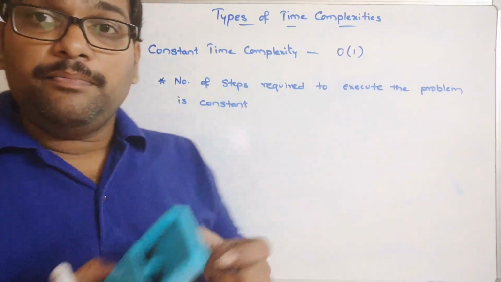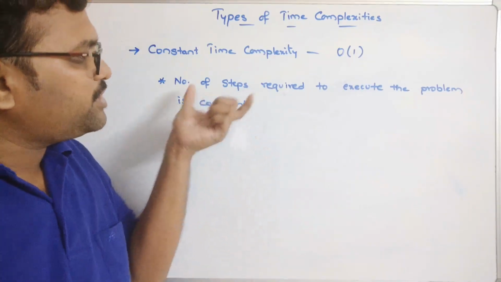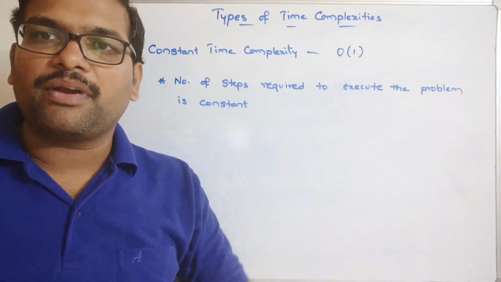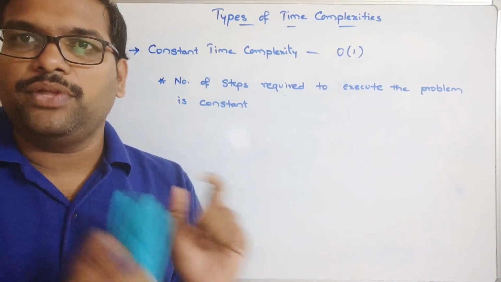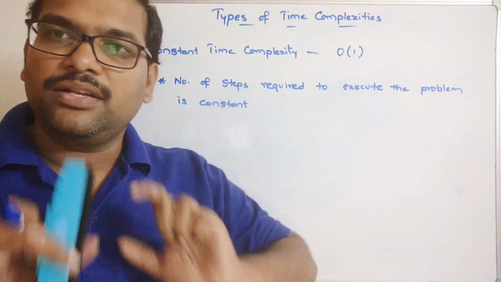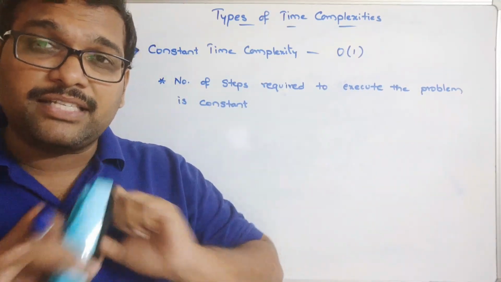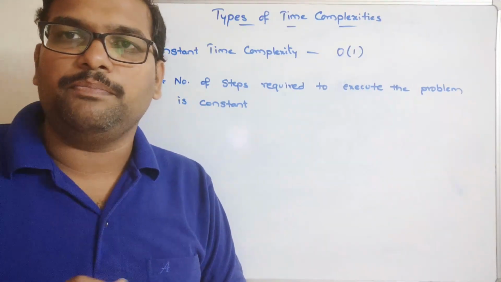That means if the input size is increased, the number of steps required to execute the problem remains constant. So irrespective of the input size, the number of steps is constant. So the time doesn't get affected by the size of the input.